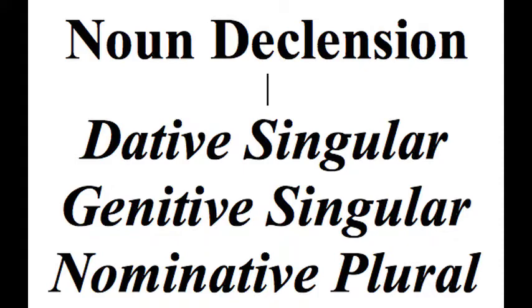Another thing is that a lot of books may or may not include the dative singular. That one's a little more optional, but it absolutely has to have the genitive singular ending and the nominative plural ending, because without those you cannot properly decline a noun.